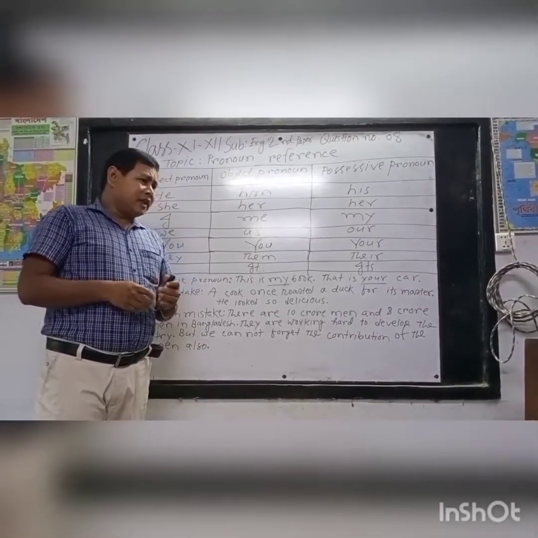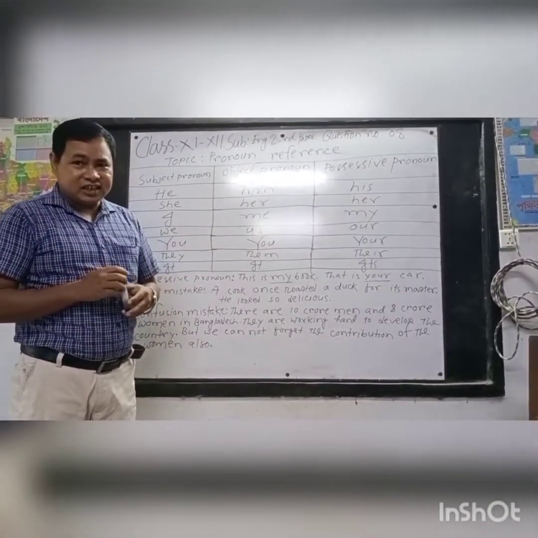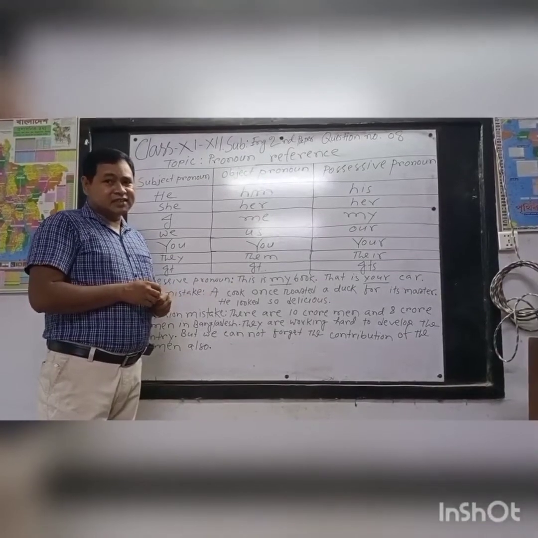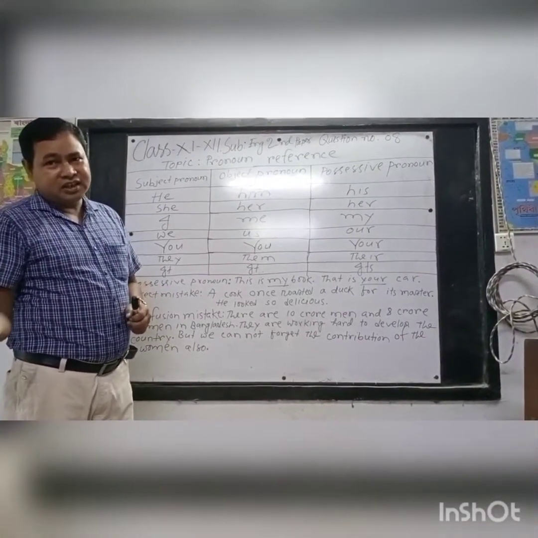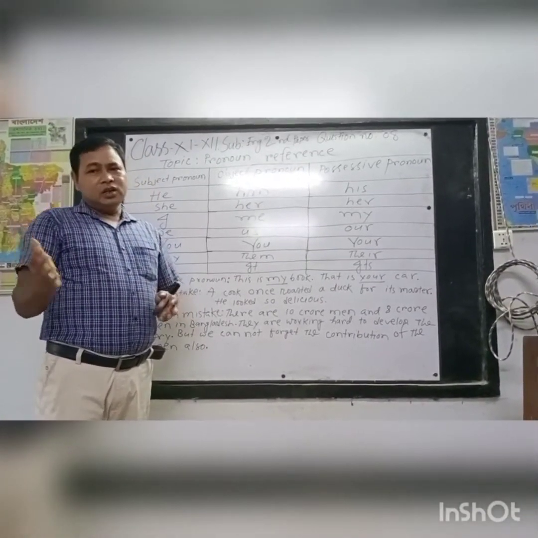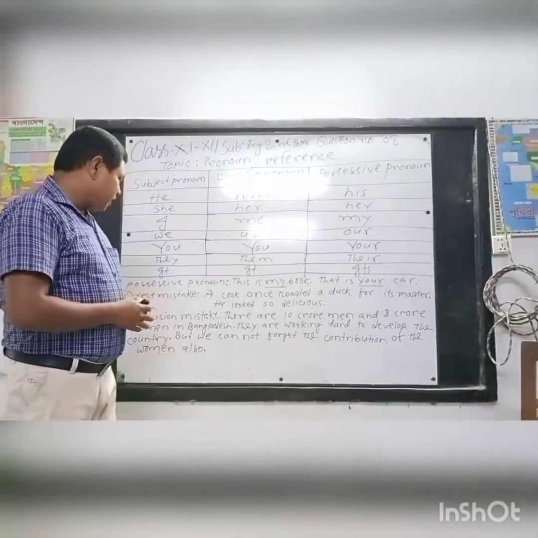Direct mistakes means such types of mistakes which we can find easily. That means in case of direct mistakes, he will be used in place of she, she can be used in place of he, or it will be used in place of he, and many more.